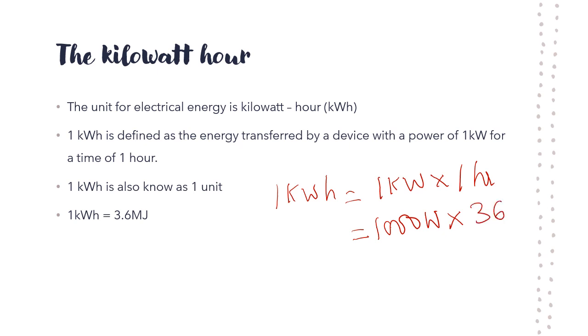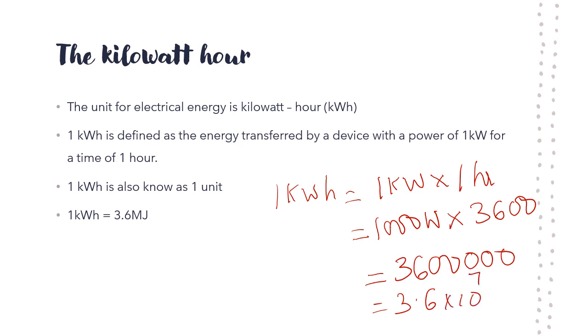So it is 3600 seconds. So 1000 times 3600 is 3600 and another 3 zeros, which makes it 3.6 times 10 to the power 7 joules, or 3.6 megajoules.